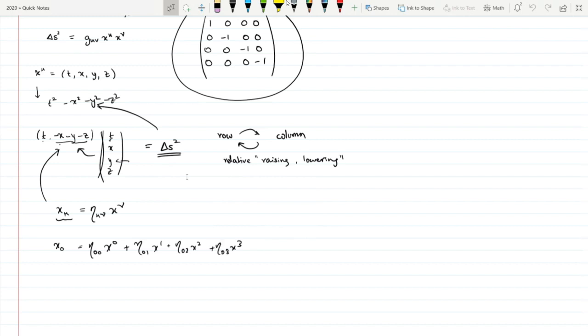Does everyone remember? This was the Einstein summation convention we discussed last time. Anytime you have repeated indices in a diagonal line, whether it's this way or this way, meaning you could even write it this way, anytime you have an index that's repeated up and down, it means it's summed over all of its values. So if I had to write down what x naught is, it's this entire thing.